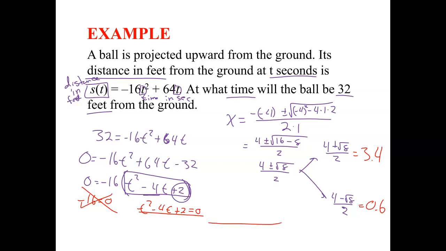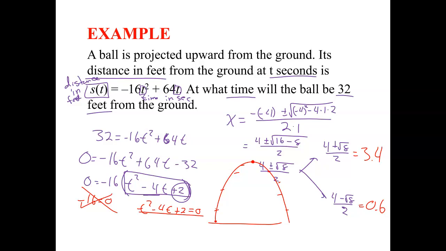Well, it starts on the ground, goes up, and comes back down. So with the exception of its highest point, it is going to be at any given height 2 times.